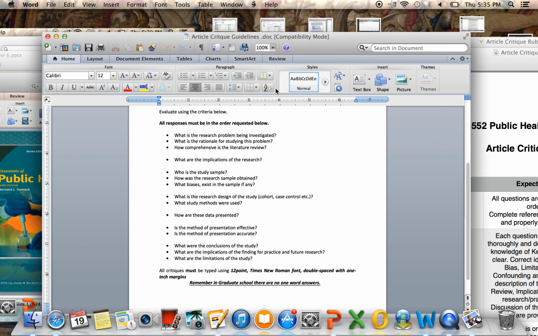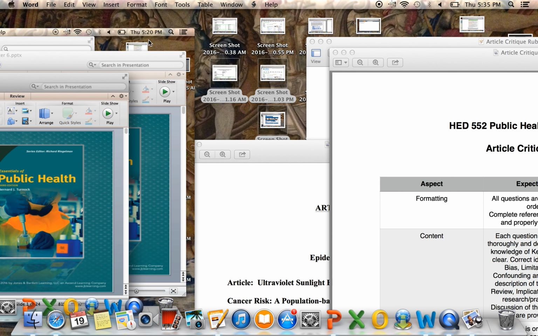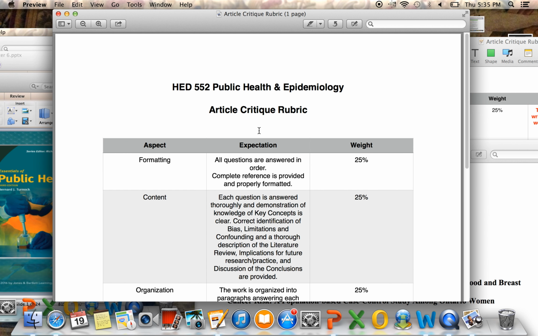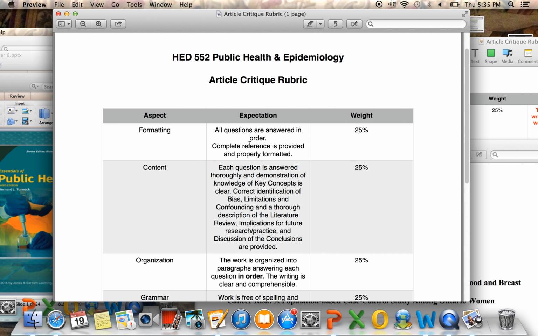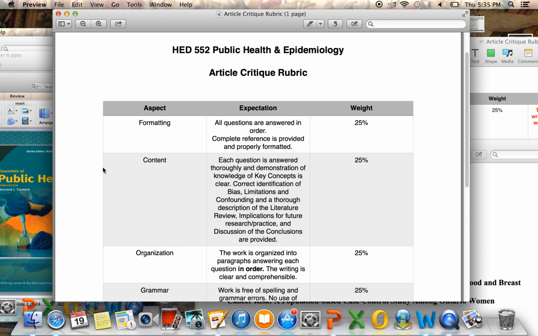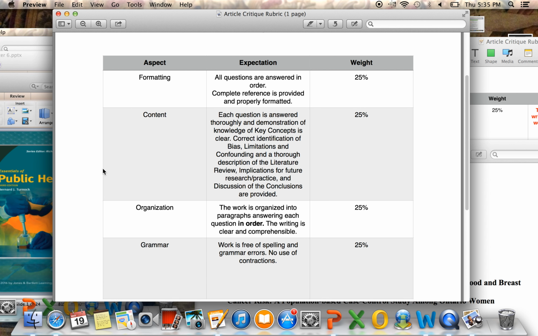To close this out, I have a quick rubric that we can take a look at. Again, this is what I'm looking for. I want every one of those questions listed and answered in order. Make sure that the complete reference is provided and properly formatted. Answer each question thoroughly and demonstrate that you understand those key concepts.